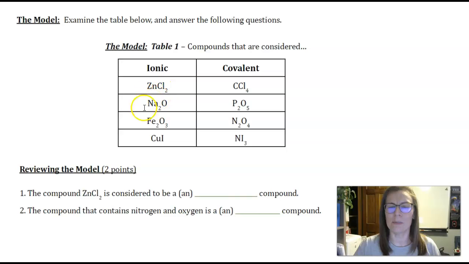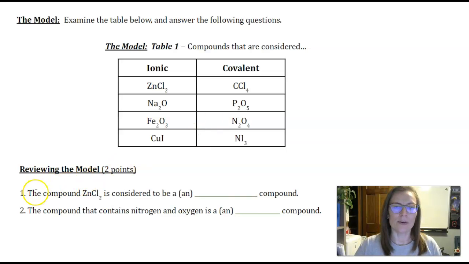So what is it about these that they have in common that makes them ionic? And what about these makes them covalent? Can we find the pattern that will let us quickly look at any chemical formula and decide, hey, that's an ionic compound or that's a covalent compound, so that we then know how to think about that compound?